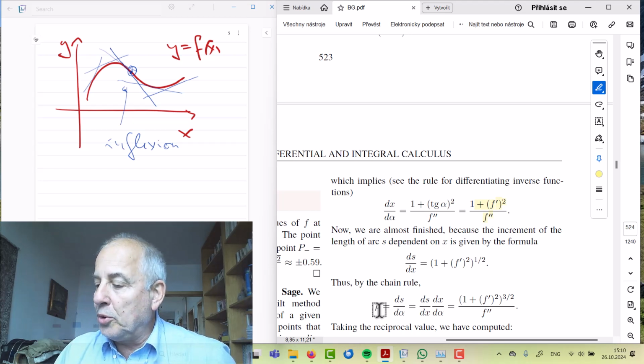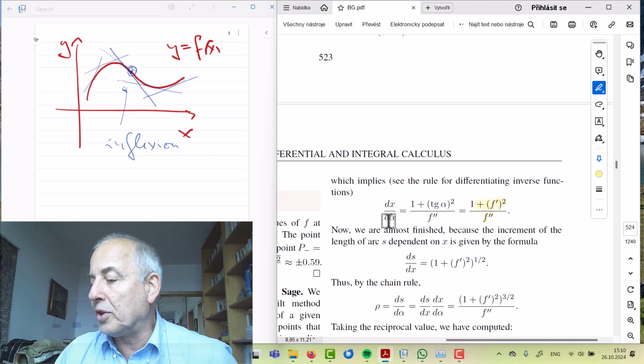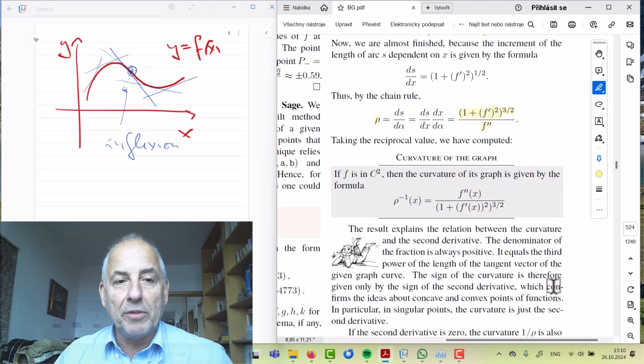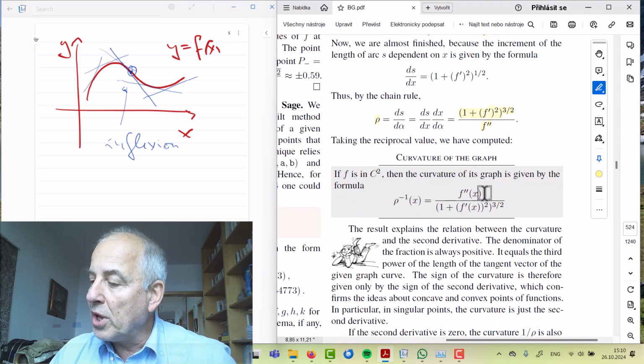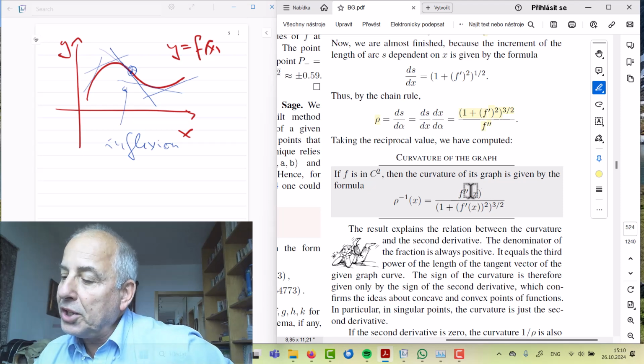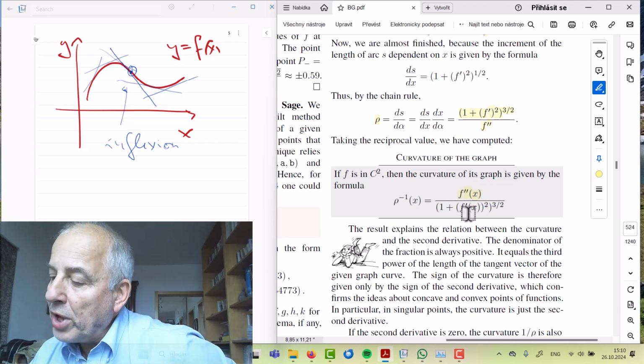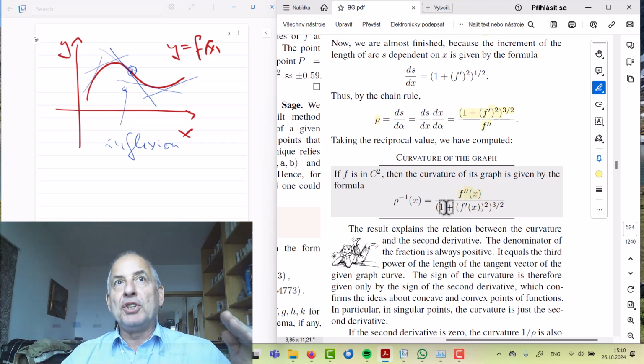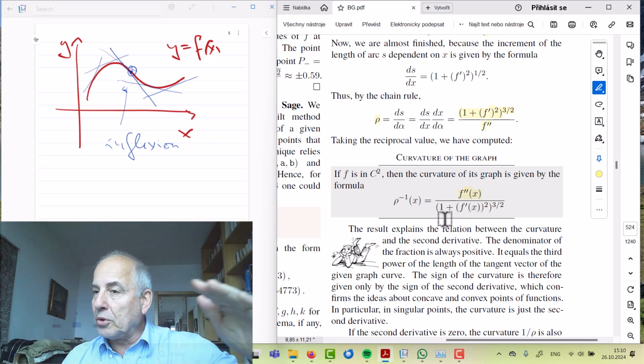Now we want to compute the rho, which is ds over d alpha, right? But we know what ds over dx is, and we know what dx over d alpha is, so we can put it together by the chain rule, and what we get is the final formula, and therefore the curvature will be the reciprocal value. You see exactly what it is. This is the second derivative, and downstairs what you see is the length of the tangent vector to the graph of the curve, so the velocity vector.